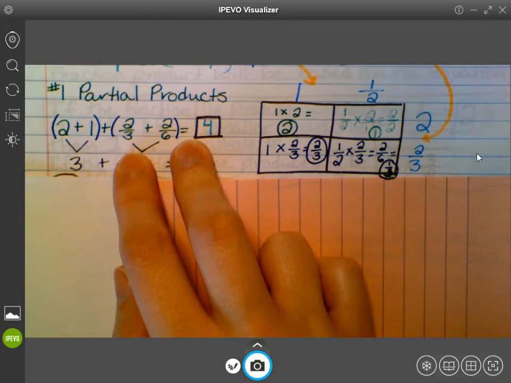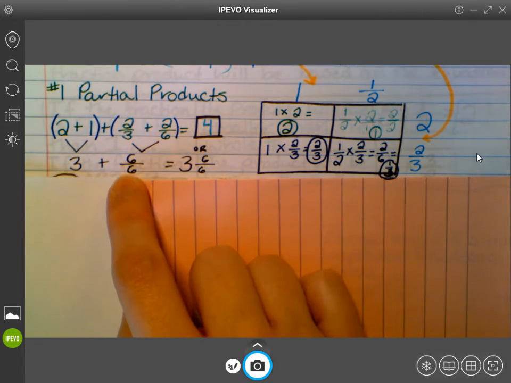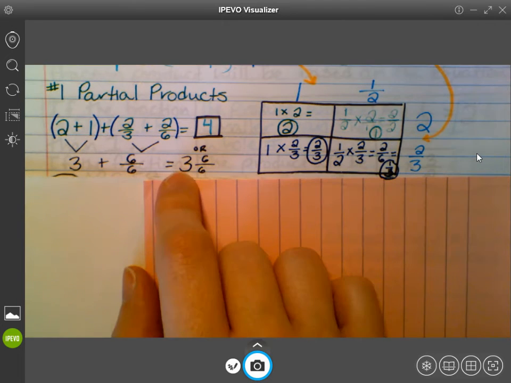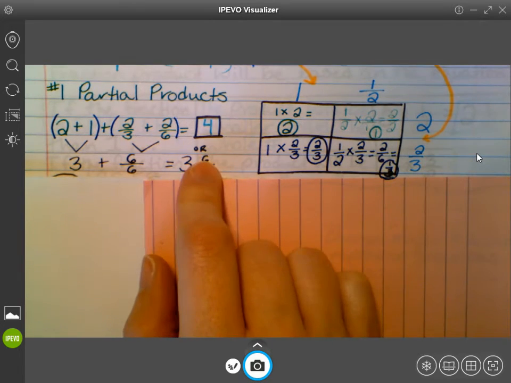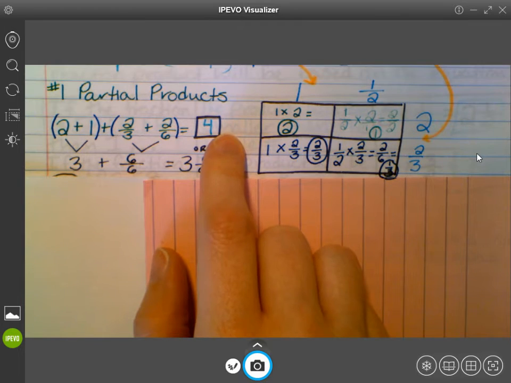So you could transform 2/3 into 4/6 and have 4/6 plus 2/6, which gets you 6/6, which is the same as what? 6/6 is the same as 1. They're both the same as 1, no matter which way you did it. So I chose the 6/6, so that gets us 3 and 6/6, which is the same as 4.